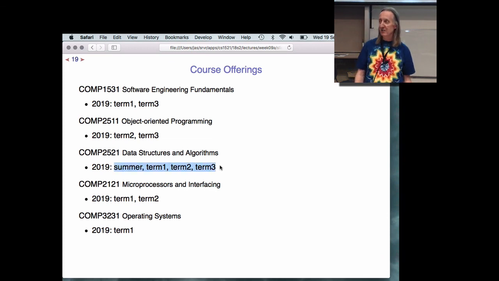Wow, it's kind of like McDonald's or something. It just never stops. And 2121 in the first 2 terms, and operating systems. If you want to do OS, you need to have done the data structures course, now or over the summer, and that'll get you into operating systems in term 1. Assuming it doesn't fill up like all of our courses do these days.